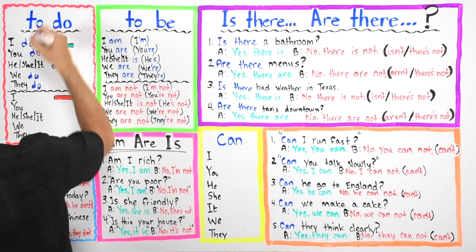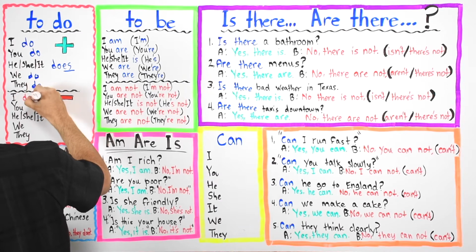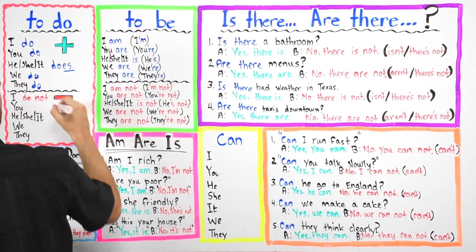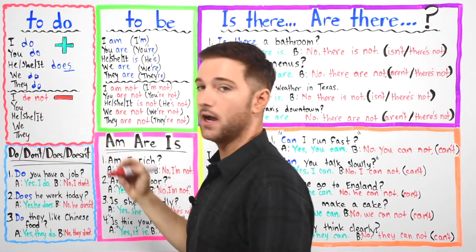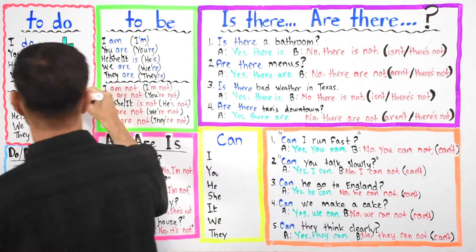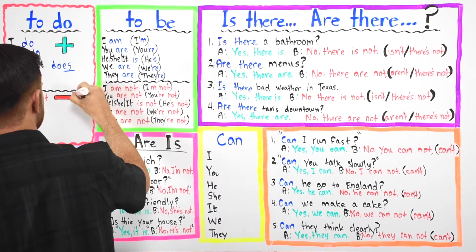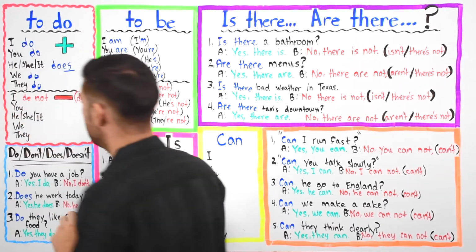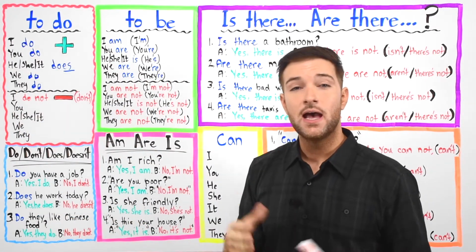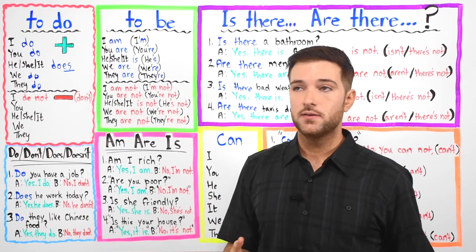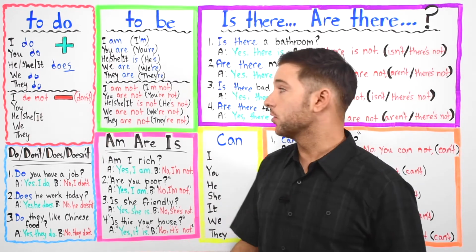Okay, so we take do and we add the word not, N-O-T. I do not, okay? Or you could say I don't, D-O-N apostrophe T. I don't, okay? I don't is a contraction of the form do not.